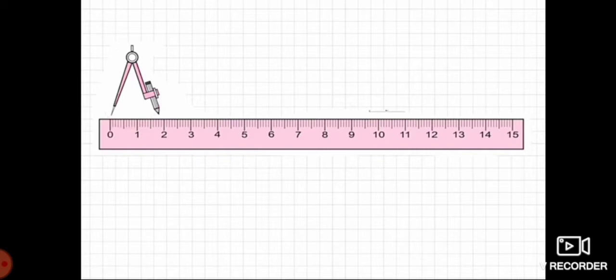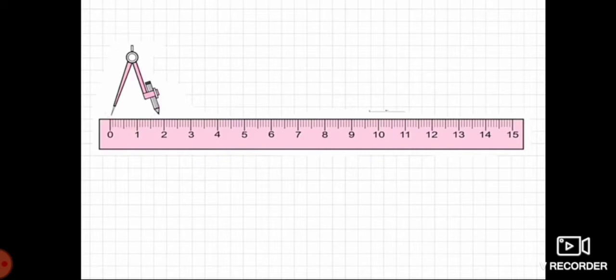Yes, so you all are very familiar with this instrument. You are using this instrument to draw a straight line. If you want a line of specific measurement, then you can use this scale and take specific measurement and draw a line. Even you can use a compass.